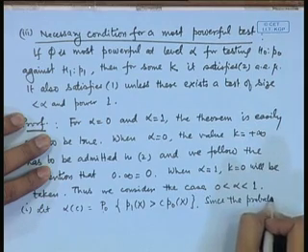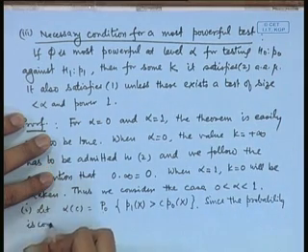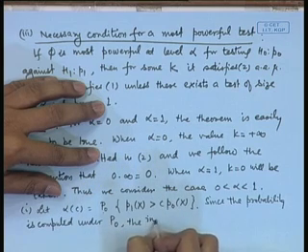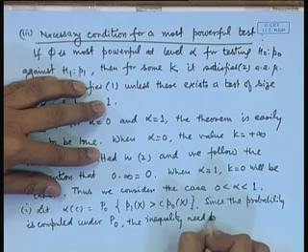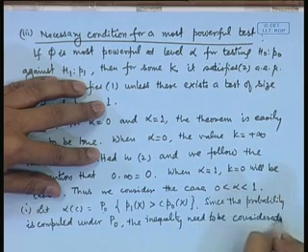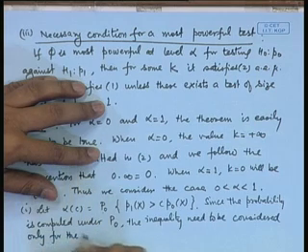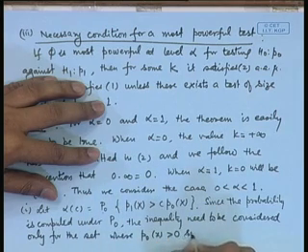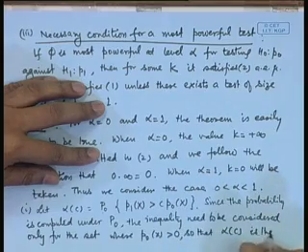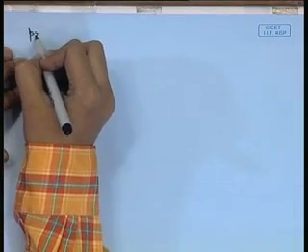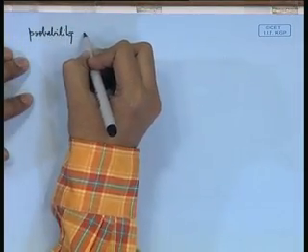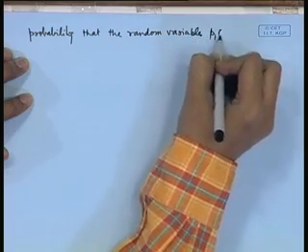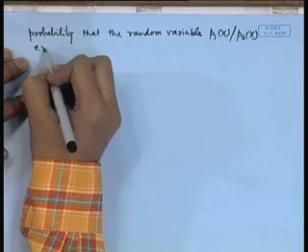Since the probability is computed under P naught, the inequality need be considered only for the set where P naught x is strictly positive, so that alpha c is the probability that the random variable P1 x by P naught x exceeds C.